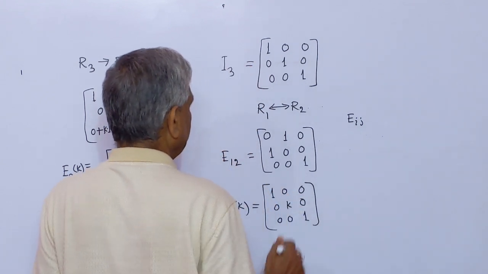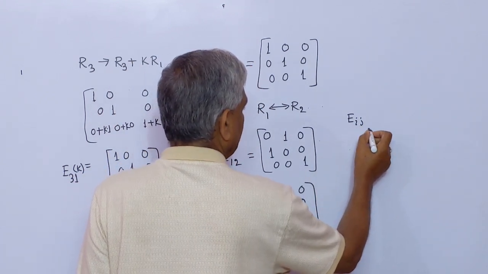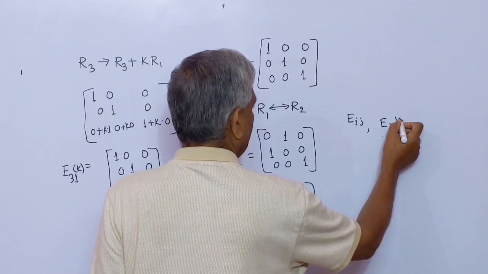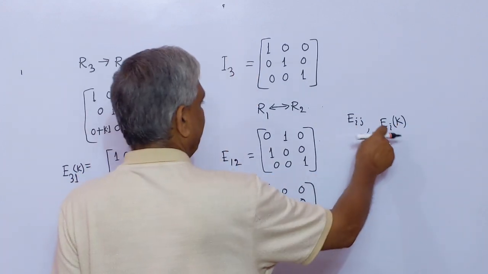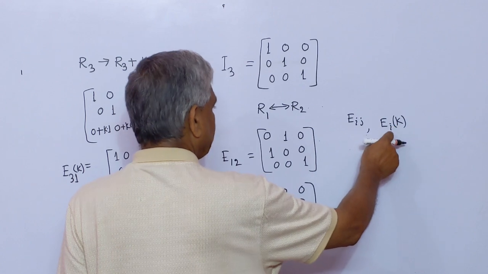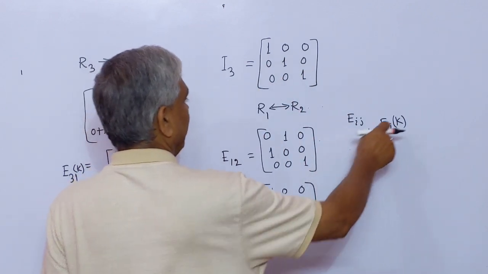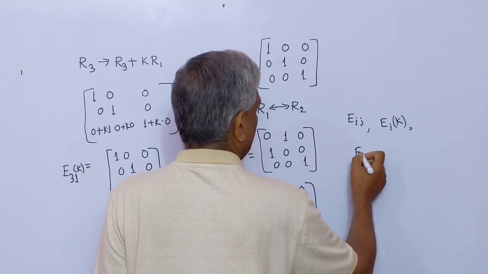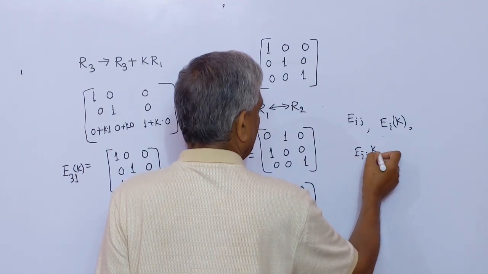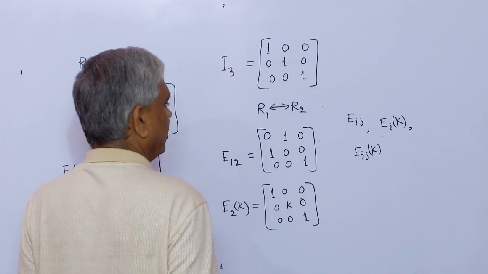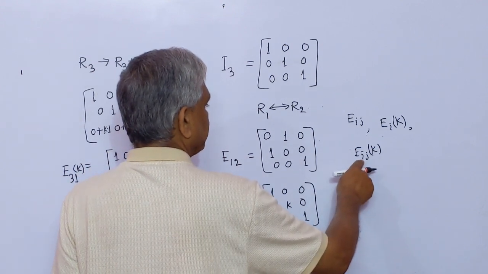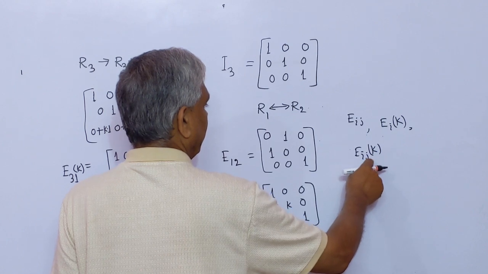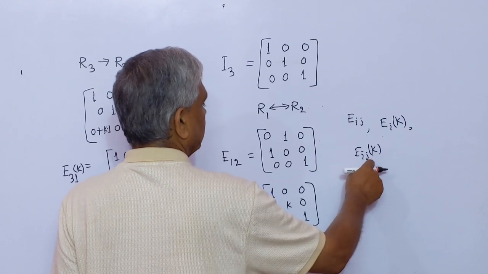In generalized form, Eij, Ei(k) means multiplying each element of the ith row of the unit matrix by k, and Eij(k) means we add to the elements of the ith row k multiply the elements of the jth row.